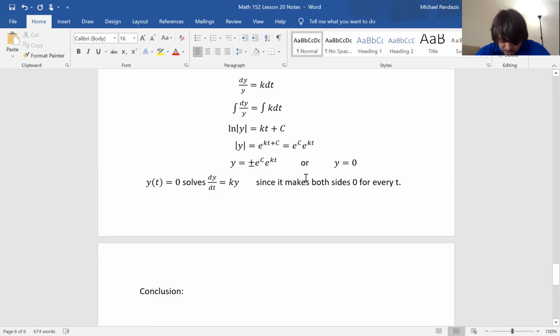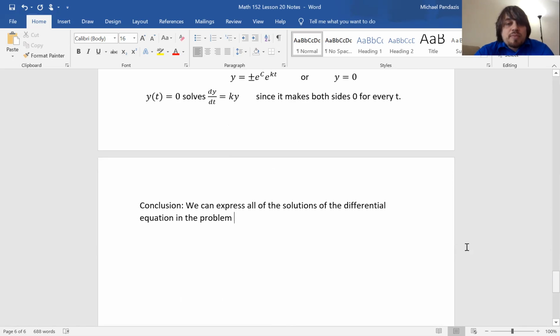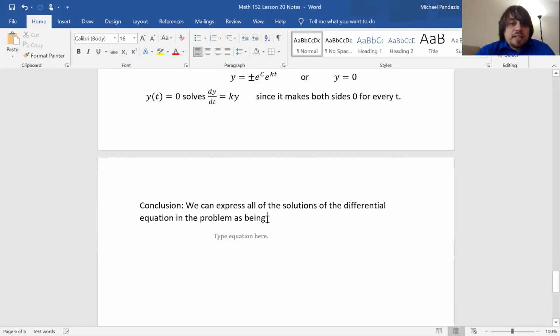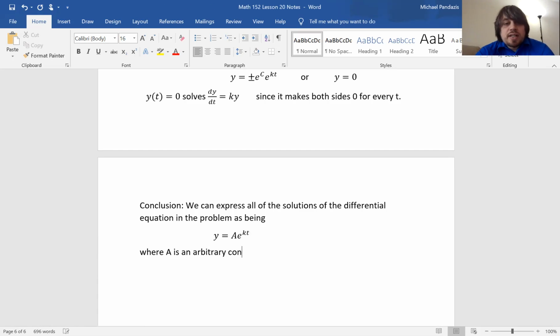Okay? So the conclusion is that since we have all solutions either of this form or this form, we can express all of the solutions of the differential equation in the problem as being of the form y is equal to capital A e to the kt, where capital A is an arbitrary constant.